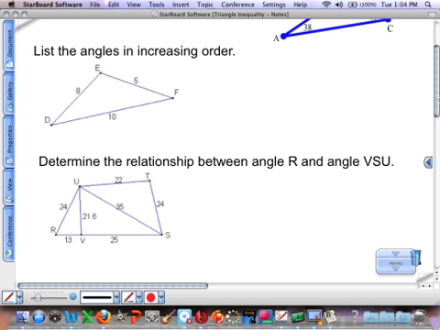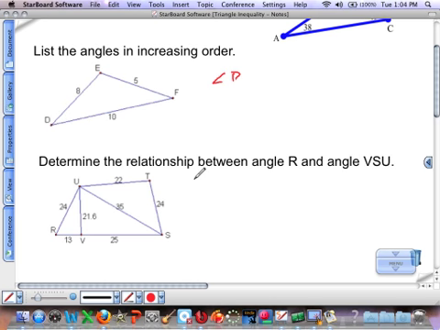Angle D or, well, which one's the smallest? Why is that? Actually, it's 8 on the other side. So which one is smaller, 5 or 8? So which angle is opposite of EF? D. So which one's your smallest angle? Angle D is your smallest angle.